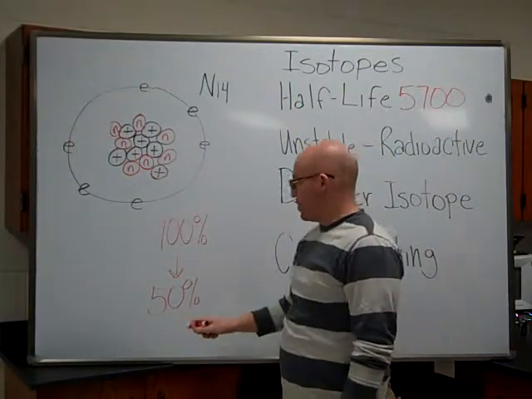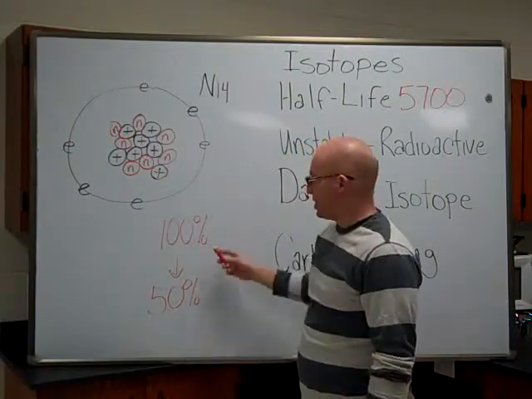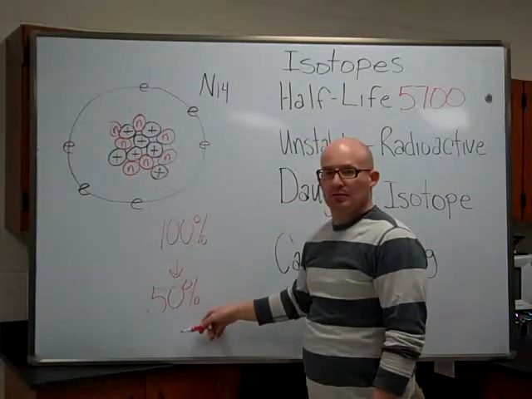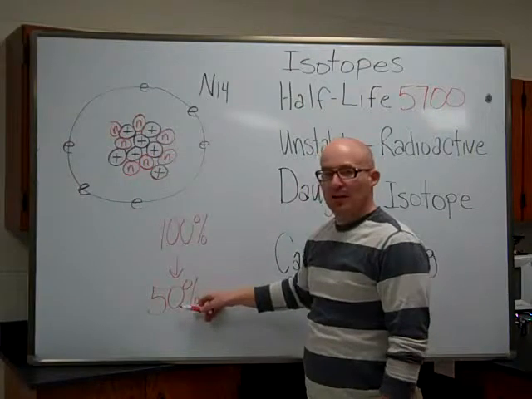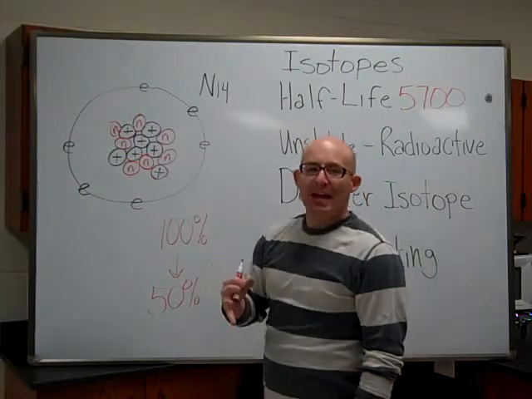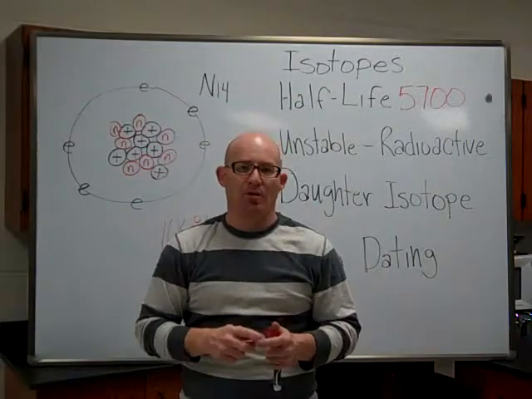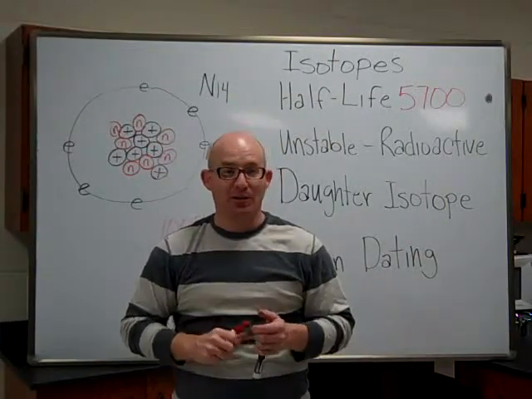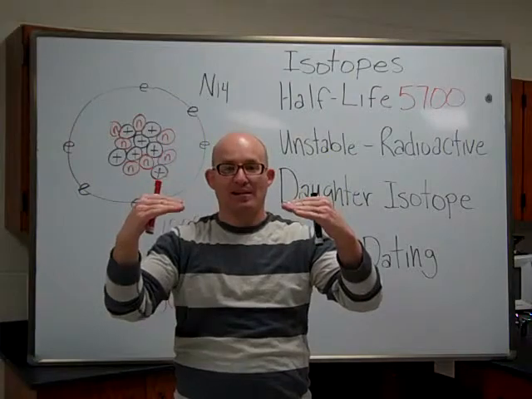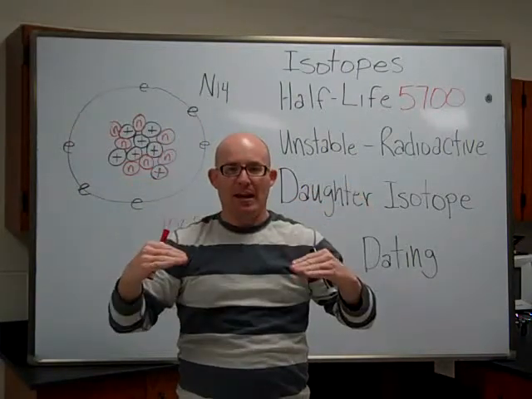After two half-lives, I would have 25% remaining. It's half of that 50. After three half-lives, I would have 12.5% of that original carbon-14 remaining. You get the drift? Every half-life that passes, I chop that number in half.